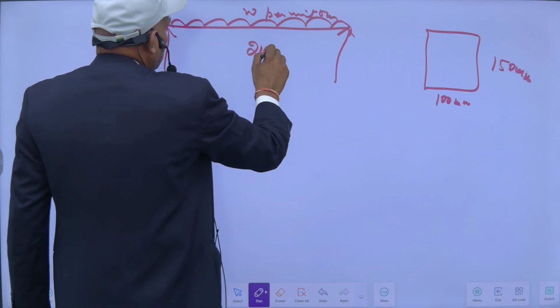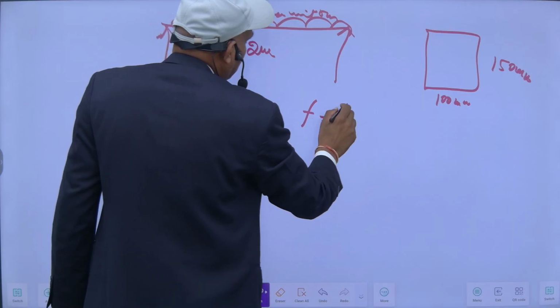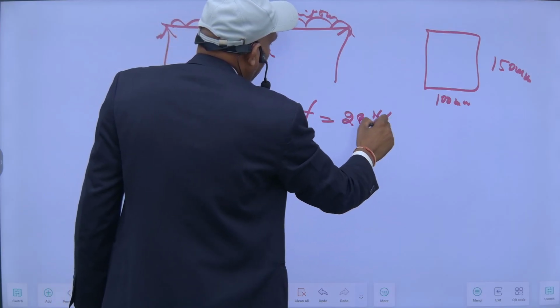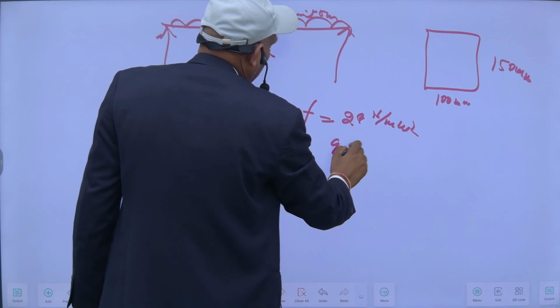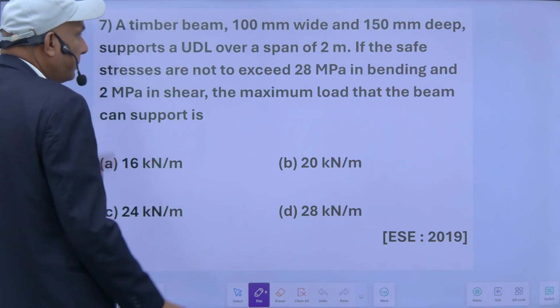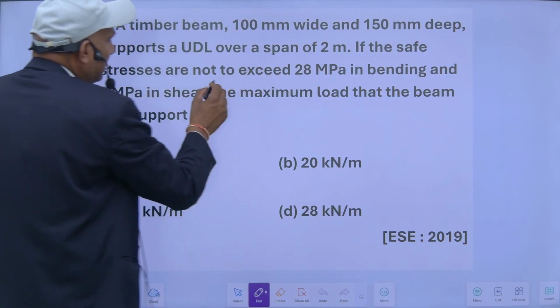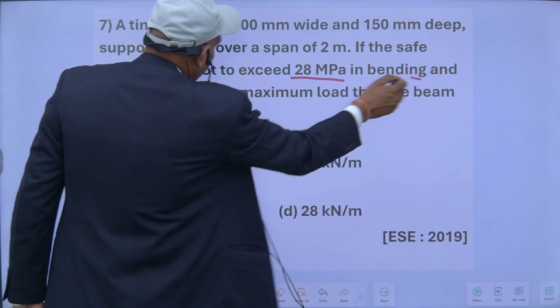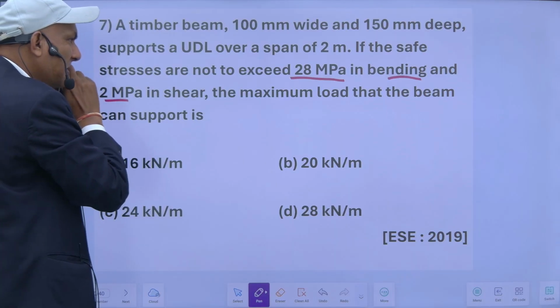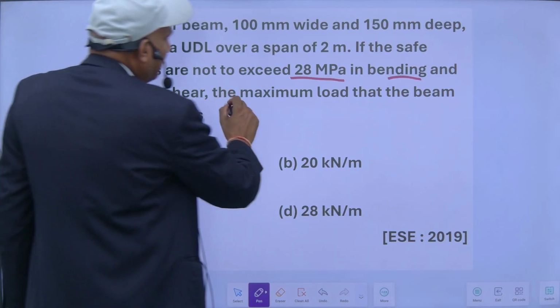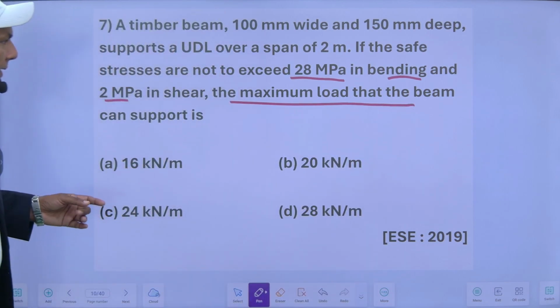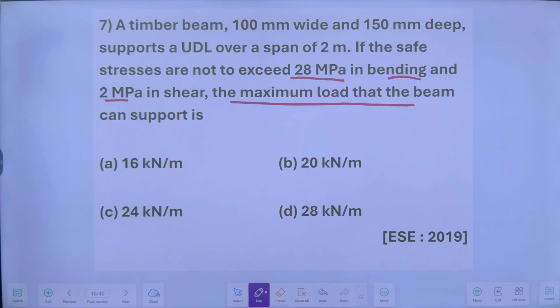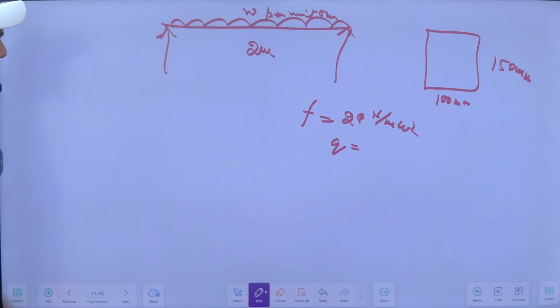Safe stresses are not to exceed 20 MPa in bending and 2 MPa in shear. I have to calculate the maximum load that the beam can support. The maximum load that the beam can support means W. This W is required to be known.